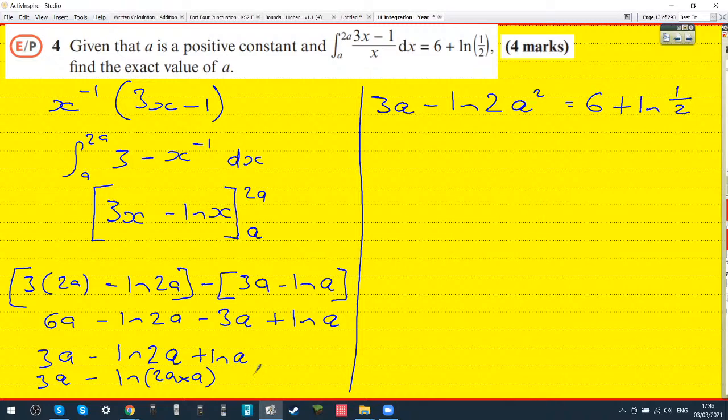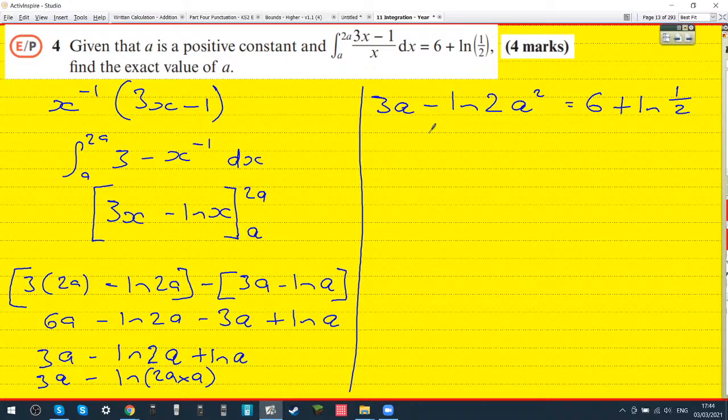So we want to get a by itself. Why did they make this tricky? Maybe it's a bit too tricky. Did we go wrong somewhere? 3x minus 1. That's x to the minus 1. That's 3. That's minus x to the minus 1.